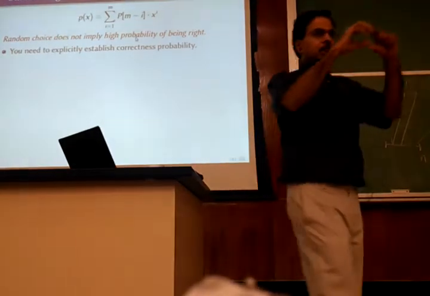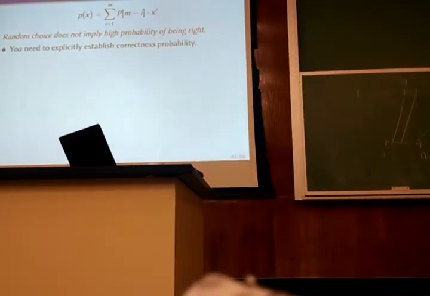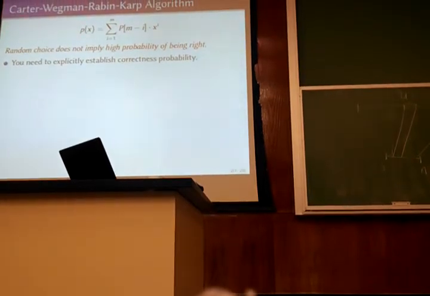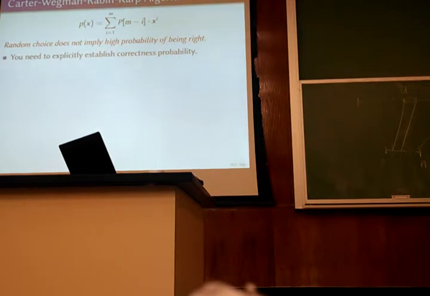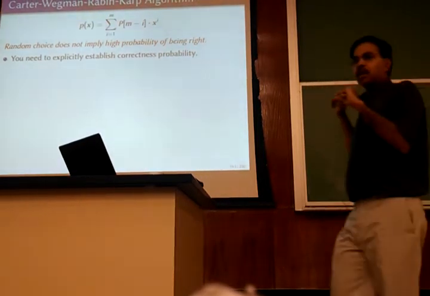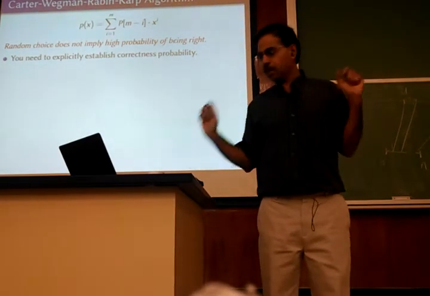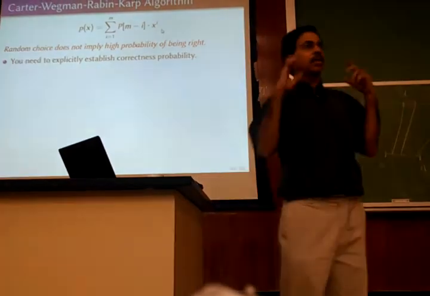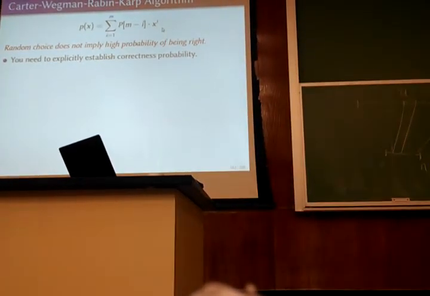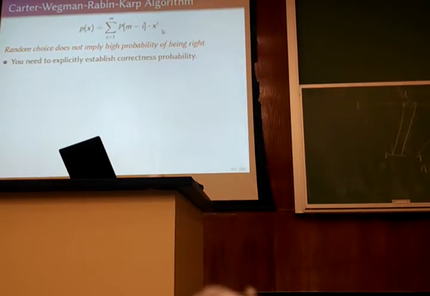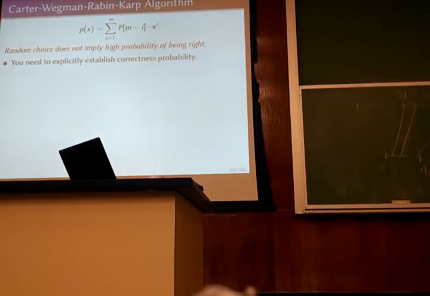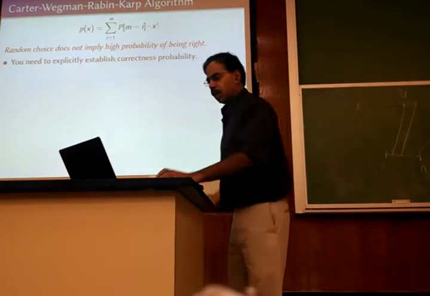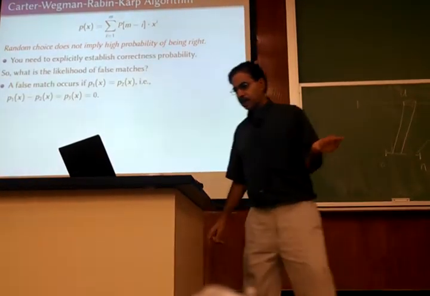We take each element of the string as a coefficient in a polynomial, and then we evaluate this polynomial at some randomly chosen point, and that is this x. We evaluate this polynomial at a randomly chosen value x, and that is our fingerprint. So we want to know, what's the probability of a false match?